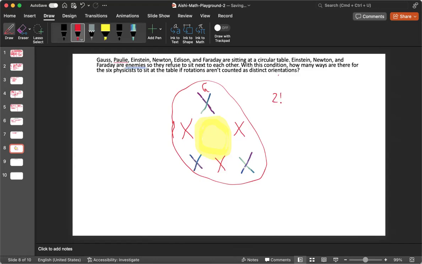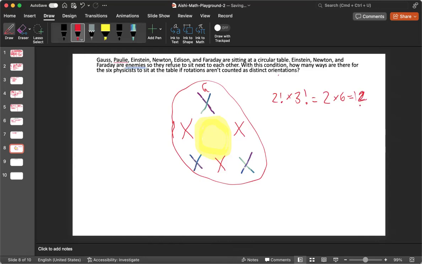So we have to do 2 factorial to find the number of ways the 2 people without enemies can sit. And then we'd have to multiply that by 3 factorial, because that's the number of ways that enemies can sit. And so we would end up with 2 times 6, which is equal to 12.